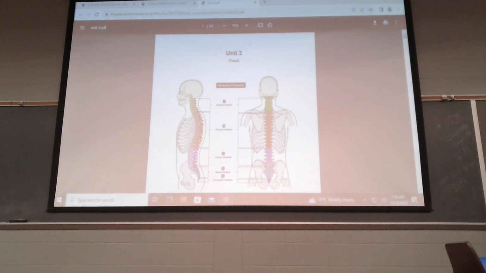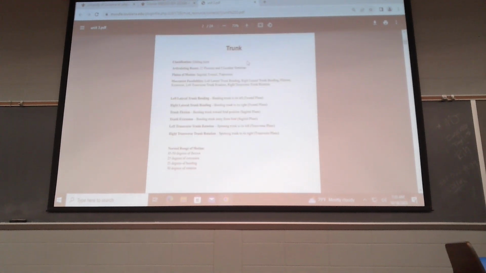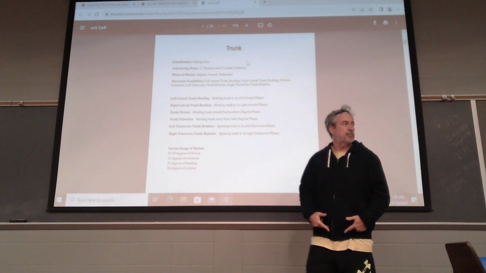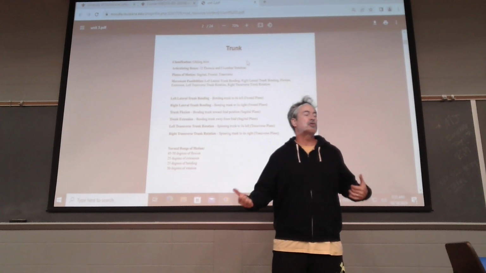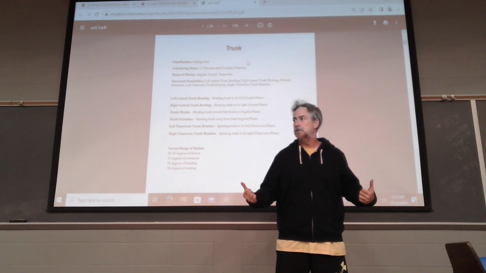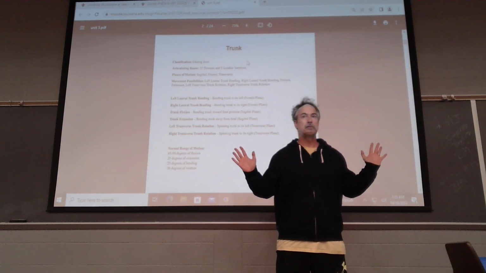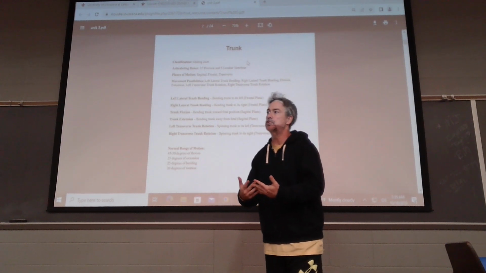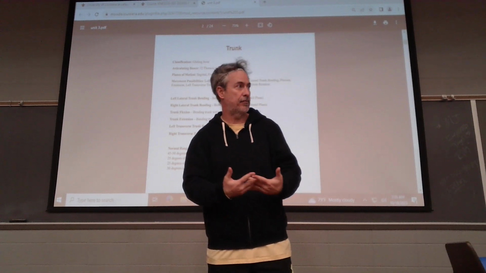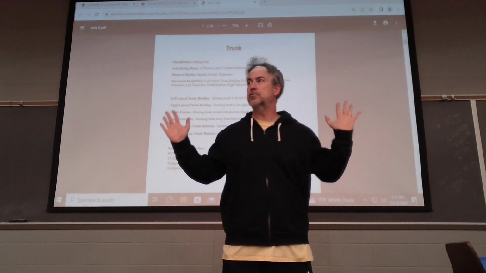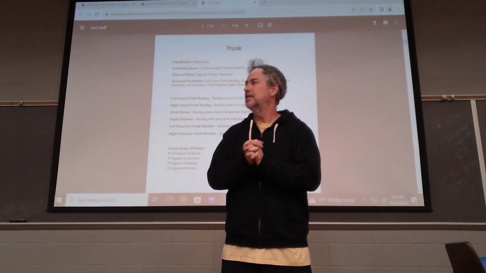All right, so our trunk motion. Lateral bending is frontal plane and follows the same rules as the pelvis. We have two different directions and two different planes: right and left lateral, and right and left transverse. So that's why we differentiate. We don't just say right and left. We say right and left lateral, which tells us frontal, and right and left transverse, which tells us transverse.